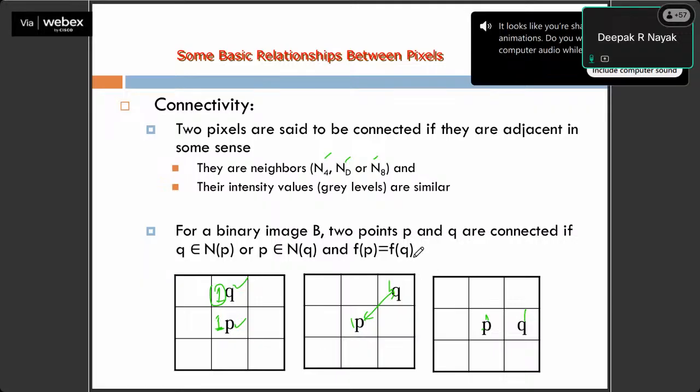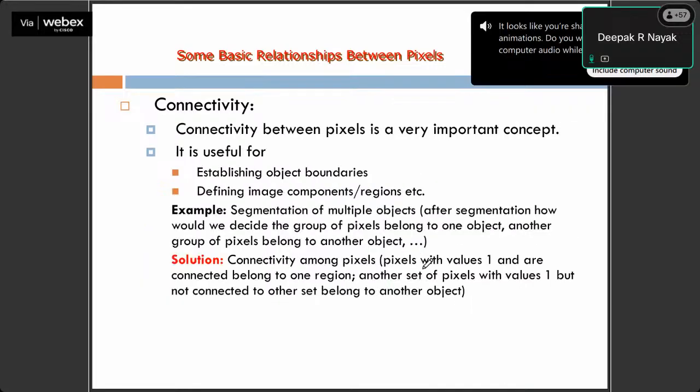It is very important to know about object boundaries. Let's say, for example, there is an image having two different objects. By connectivity, you can group the pixels and tell that these pixels belong to one object and these pixels belong to another object.